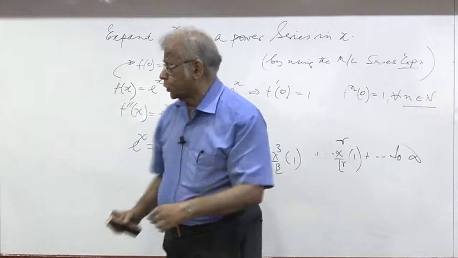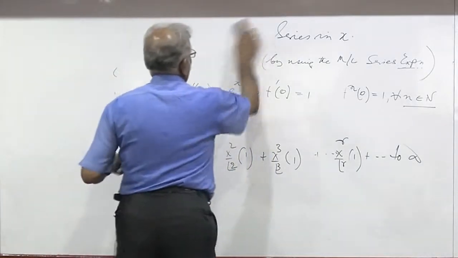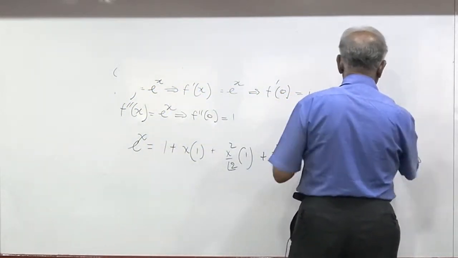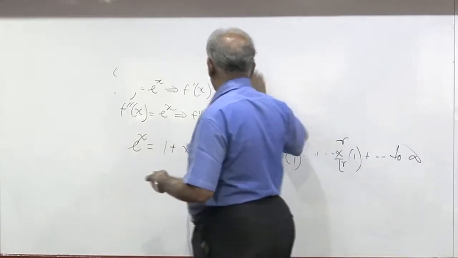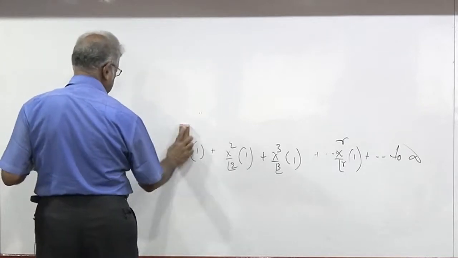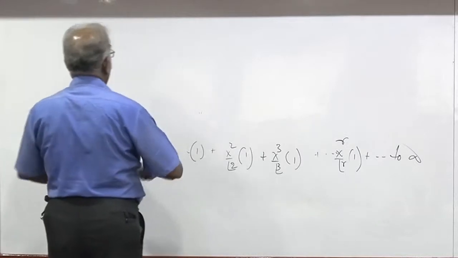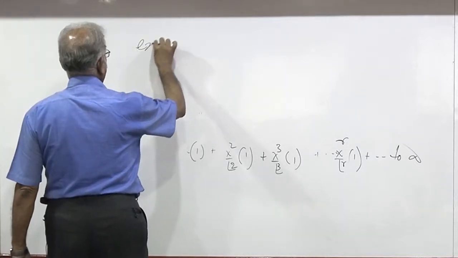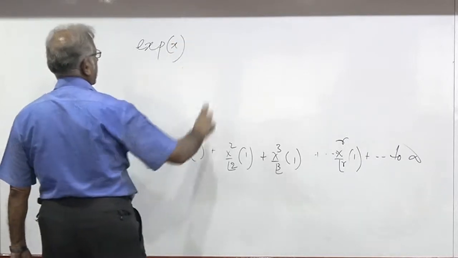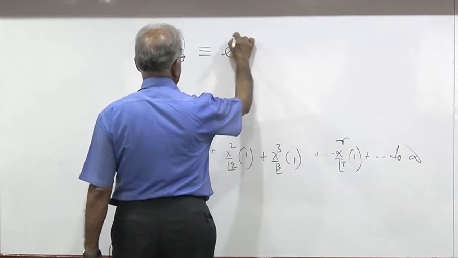We now take another function. There is no harm in mentioning that e to the power of x, the function which is called the exponential function, can also be written as, and many authors prefer to write always in this form, exp(x) is the same as e to the power of x.